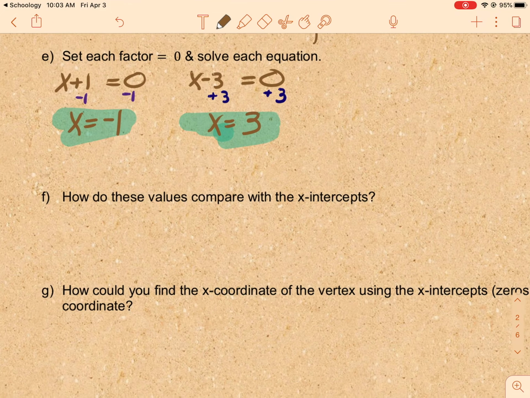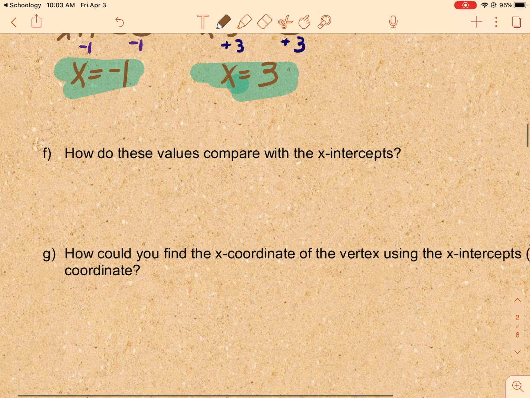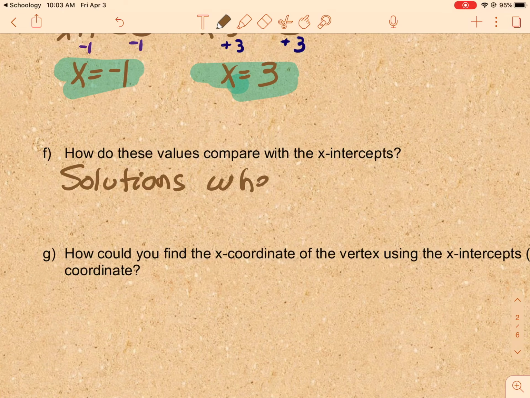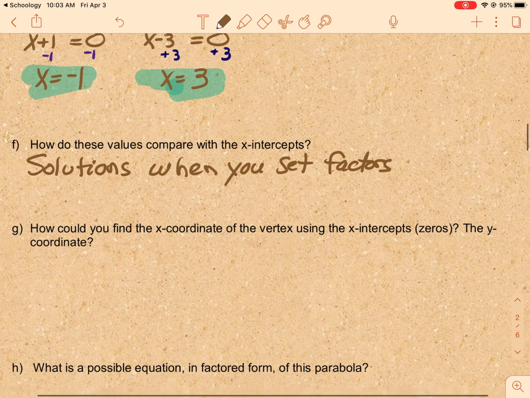So how do these compare? The solutions, when you set the factors equal to 0, are your x-intercepts.